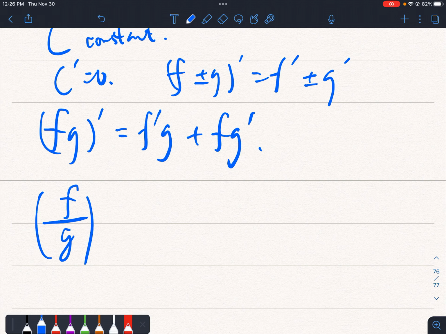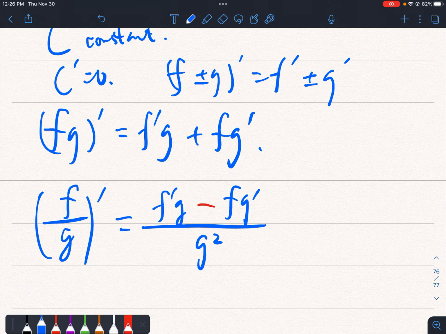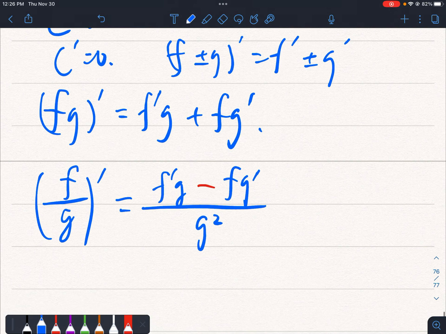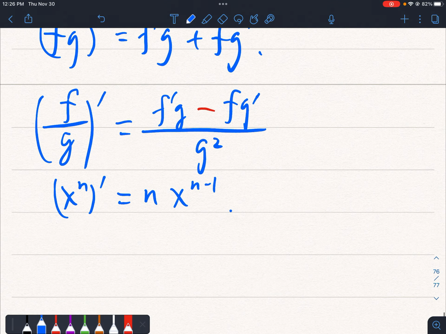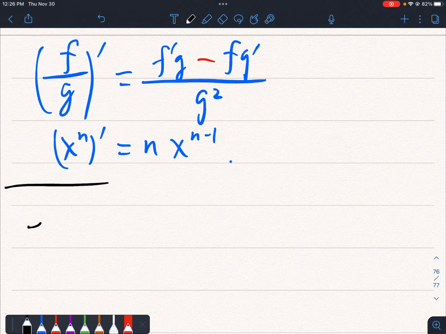Then we have the product rule, which says fg prime is f prime g plus f g prime, while for the quotient rule, f over g prime is f prime g minus f g prime divided by g squared. And also we know that if you take the derivative of x to the power of n, it's n times x to the power of n minus 1.